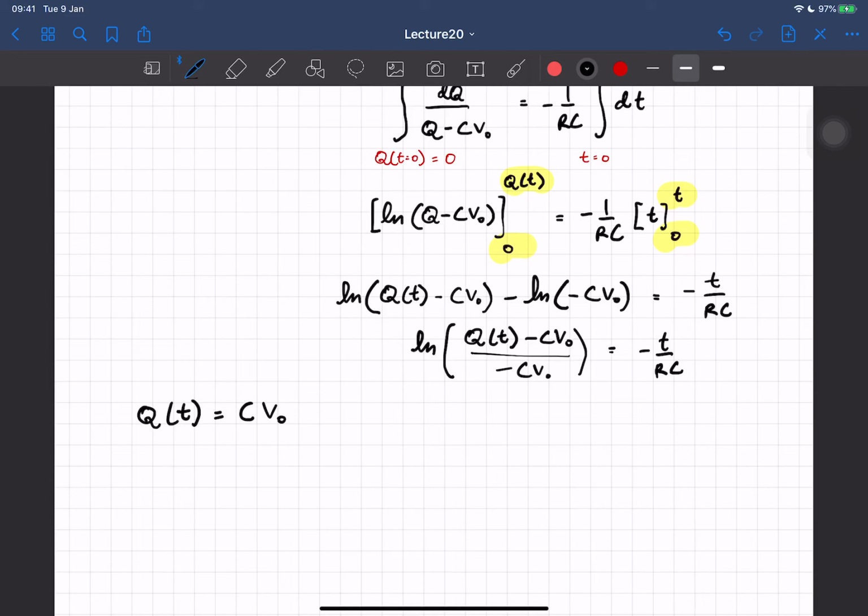Just make sure that in the end you get this: q as a function of time is CV0 times 1 minus e to the minus t over RC. Or if you want to use the same time constant, it's CV times 1 minus e to the minus t divided by tau. And again, tau is the time constant defined to be equal to RC.